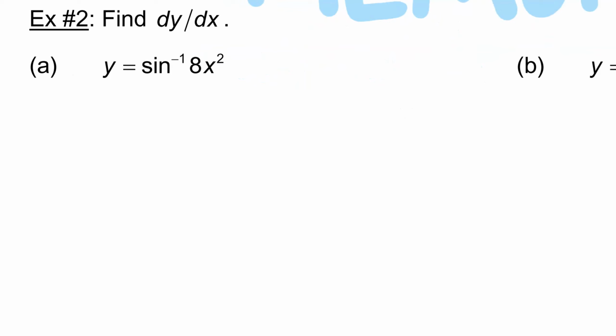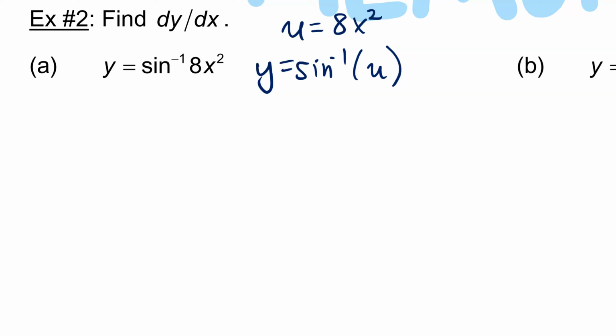Okay, so here, if I want to write this in terms of u, I have y equals sine inverse of u, except what is u equal to here? 8x squared, right? It's what's inside. So I know the derivative of sine inverse, so I'm taking dy/dx. So I'm taking d/dx of both sides, so I'm just taking the first derivative, right? dy/dx, same thing as y prime.